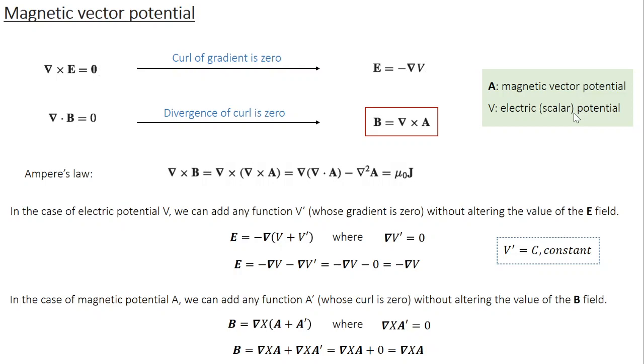Now there is some advantage in using an electric potential instead of an electric field, because you know that by default electric field is a vector quantity, so it has three components. So whenever you make a calculation of electric field, you have to make three calculations, one in the x direction, one in the y direction, and one in the z direction.